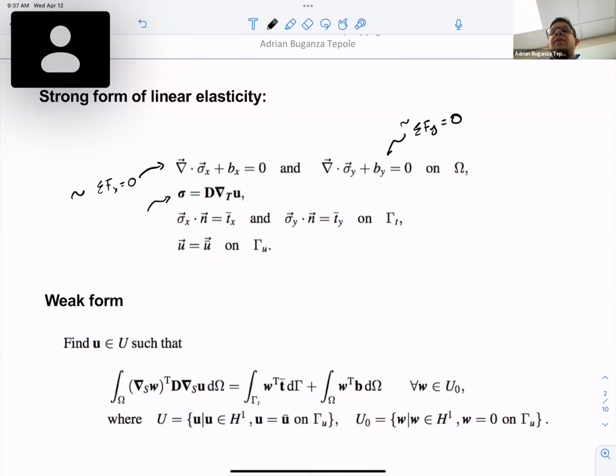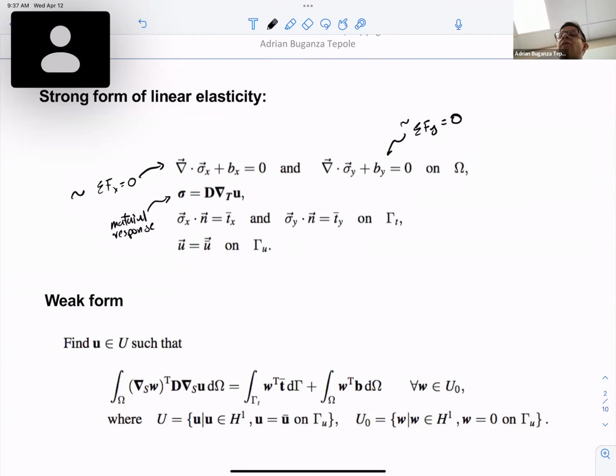This is the material response. If you compare this with the heat transfer problem, in heat transfer, the flux is proportional to the gradient of the temperature. Here the stress is proportional to the gradient of the displacement.